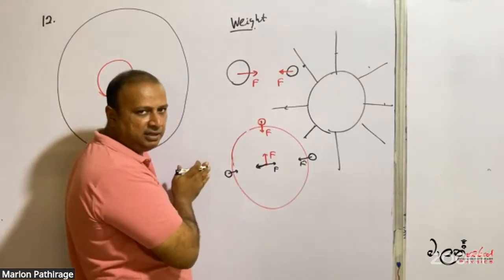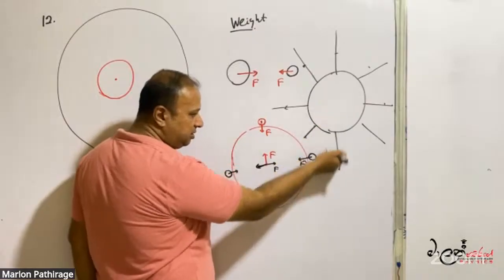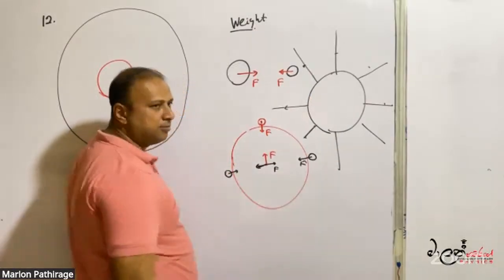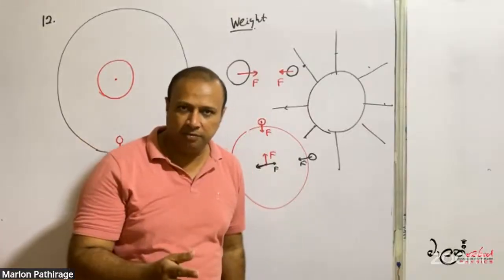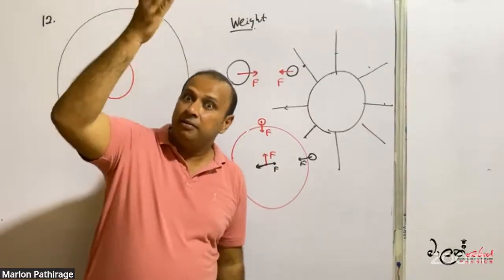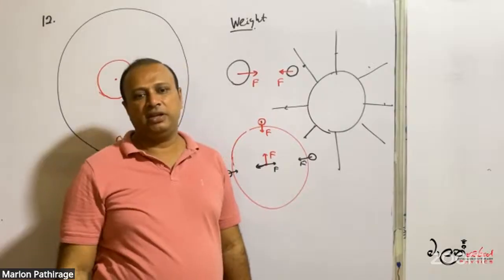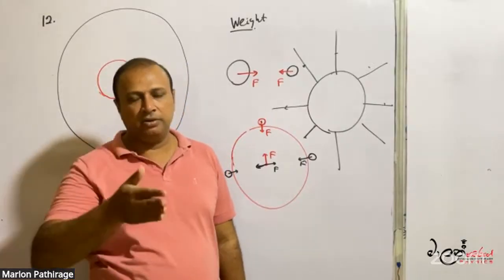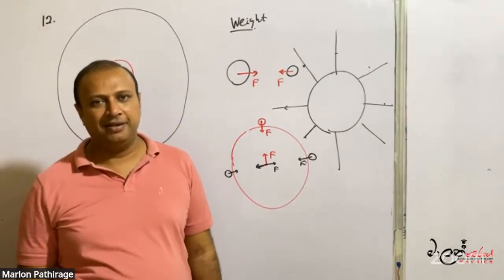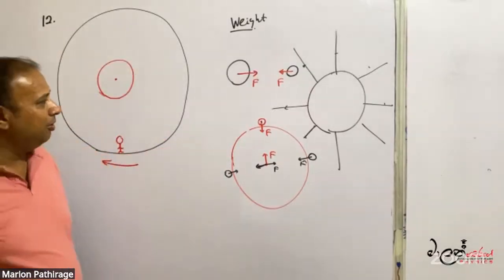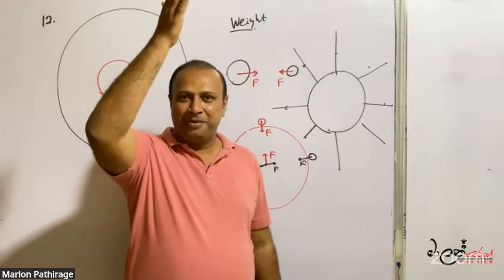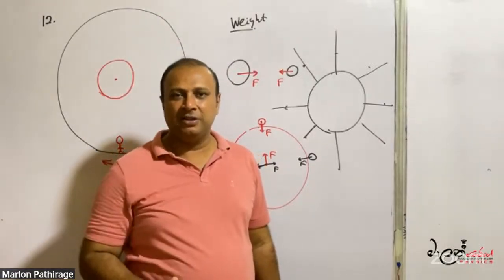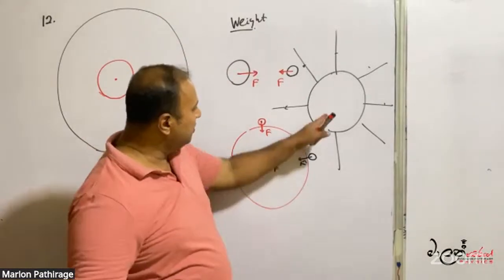This is the vertical direction. If we consider this kind of direction, this is the vertical direction. Therefore, vertical direction means the direction parallel to the gravitational field. Vertical downward means parallel to the gravitational field and towards the center of the earth.